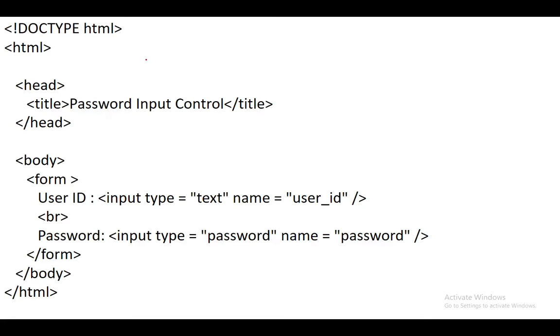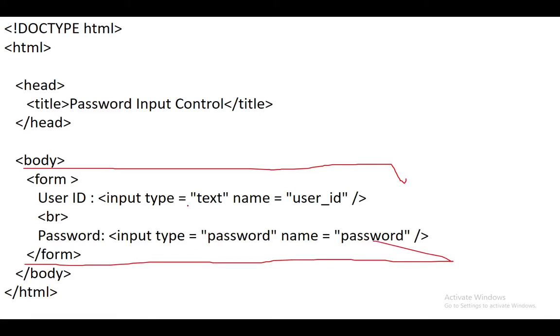If you take a look here, we have our input and we have our type. We have text in it because we're collecting a user ID, maybe your username, which was asked of you when you were opening the account, like on Facebook or Twitter when it asks for your user ID or username.